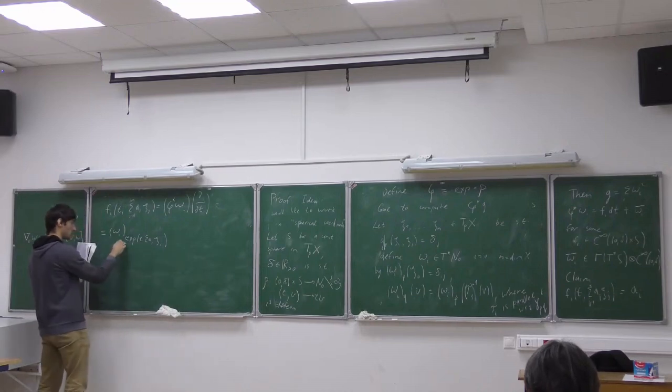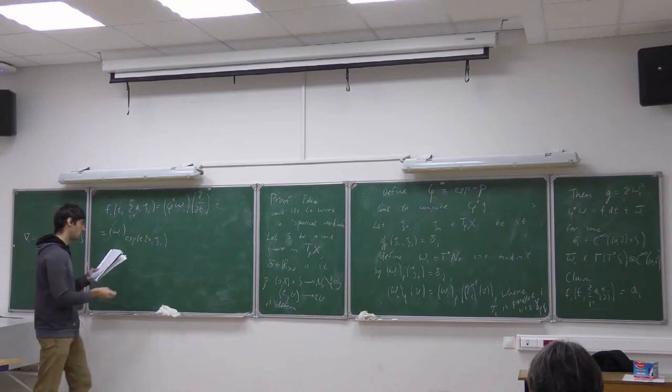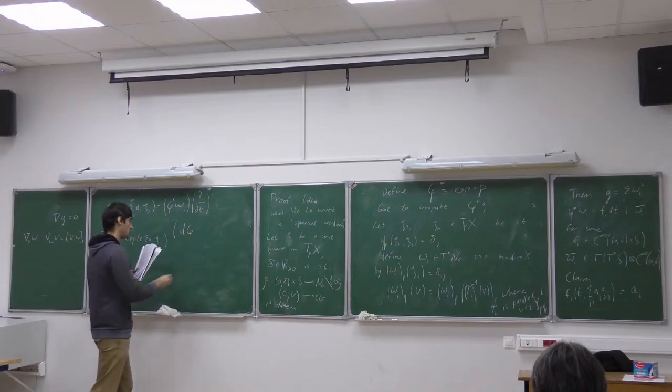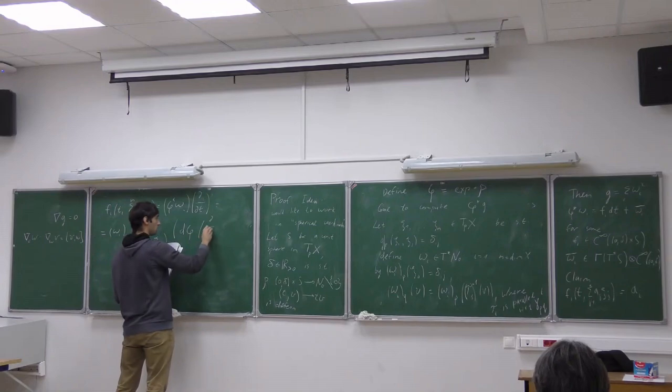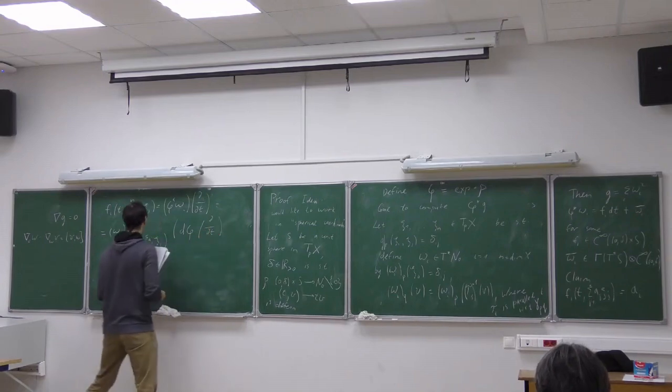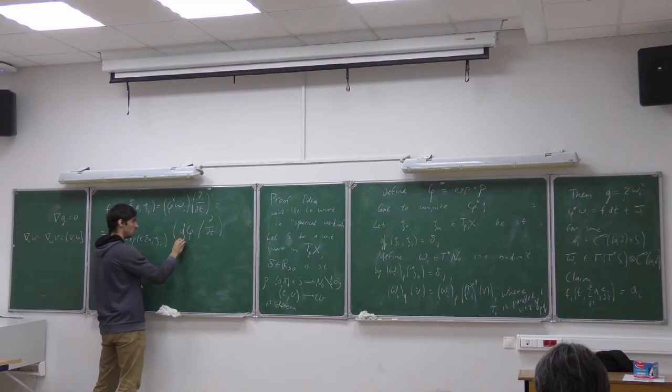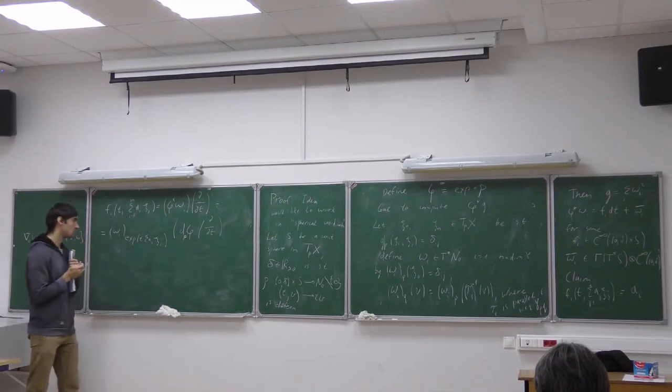So this gives me some linear functional which I apply to d phi of d over dt. And well, should be d p phi, right?